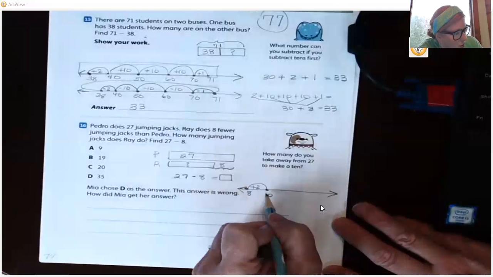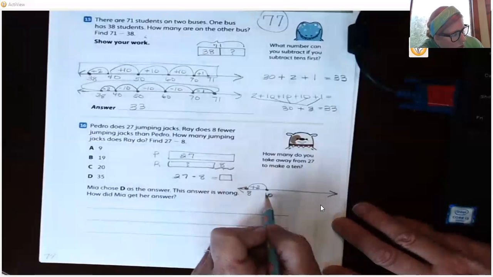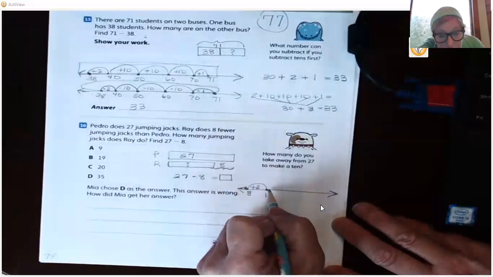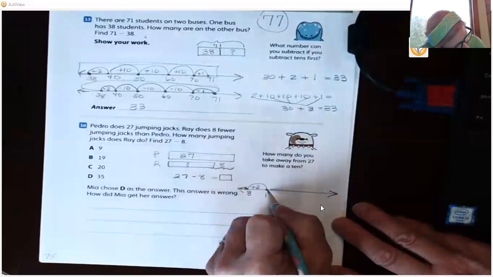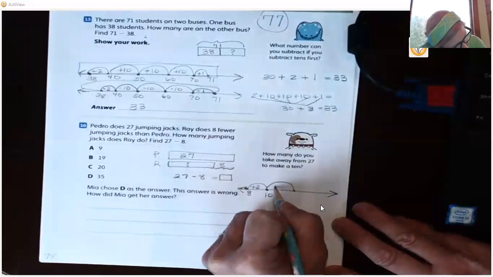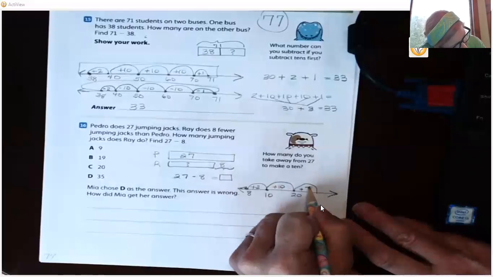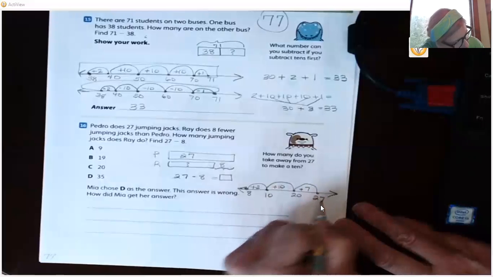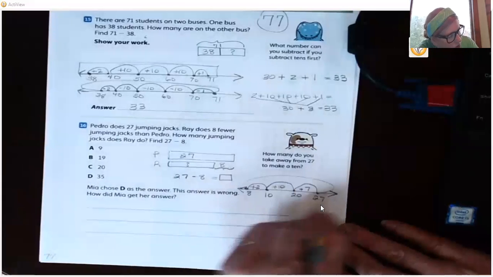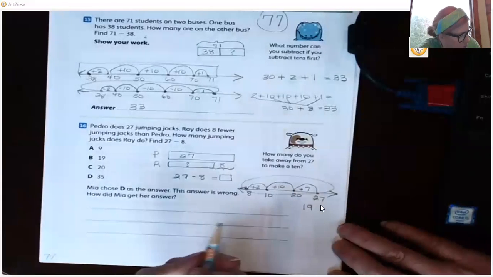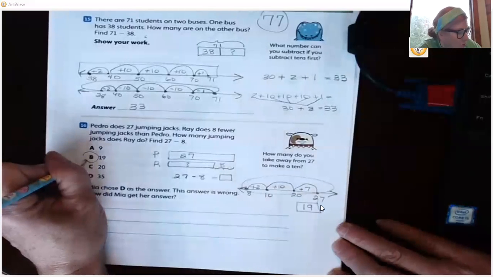And then I'm going to add on. 8 plus 2, sorry, a little distracted there from the pup, equals 10. We're going up to 27. I'm going to add another 10 to get to 20. And then add up 7 to get to 27. 2 plus 10 plus 7 equals 19. All right, so our answer is B.